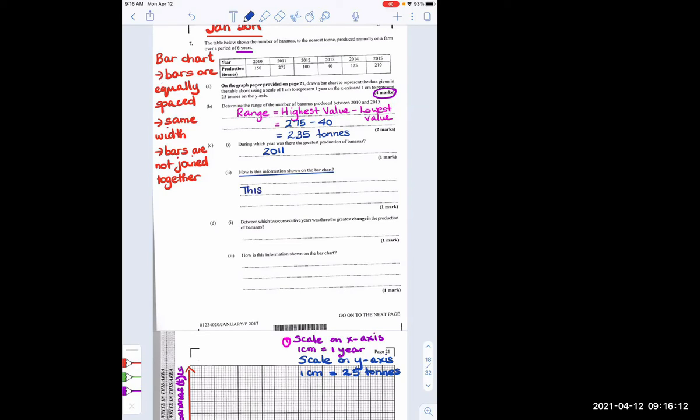this information was shown on the bar chart as the tallest bar.